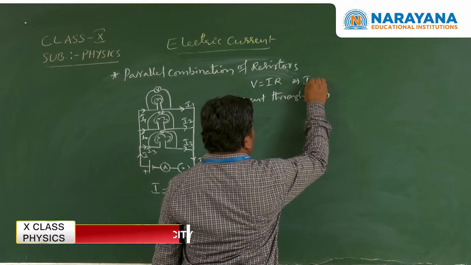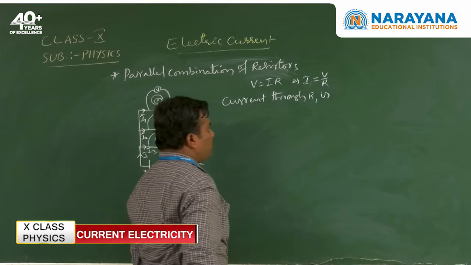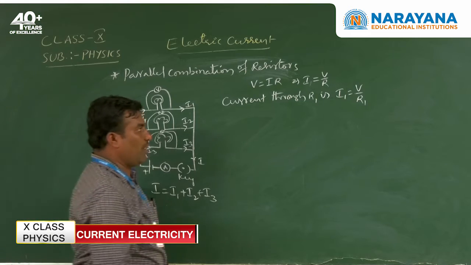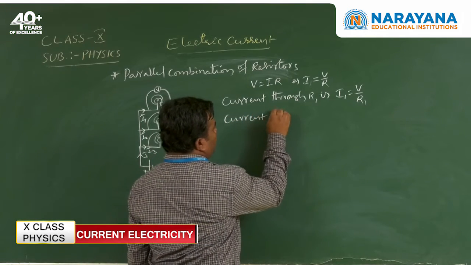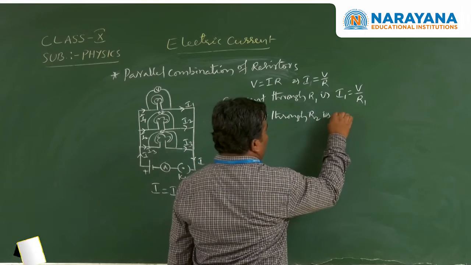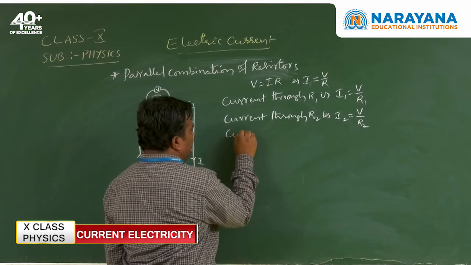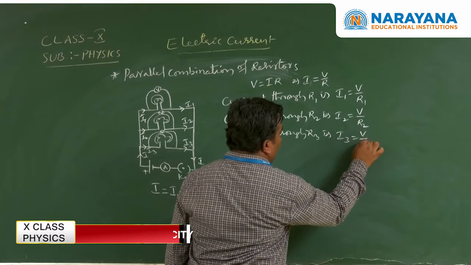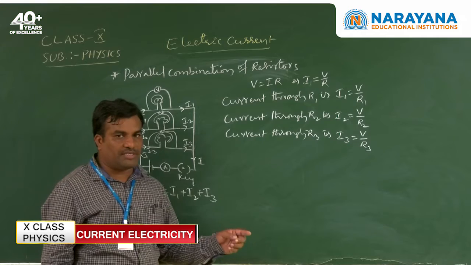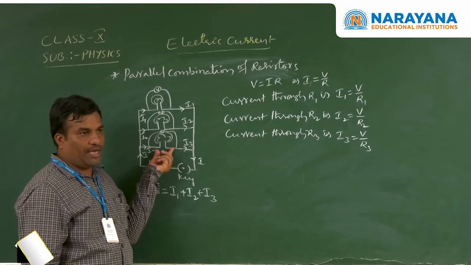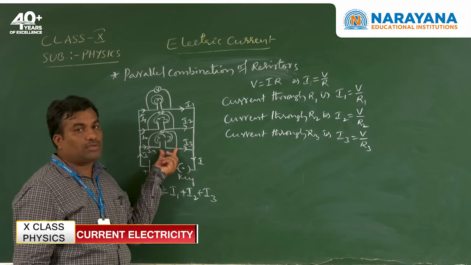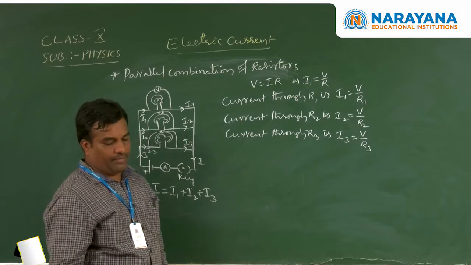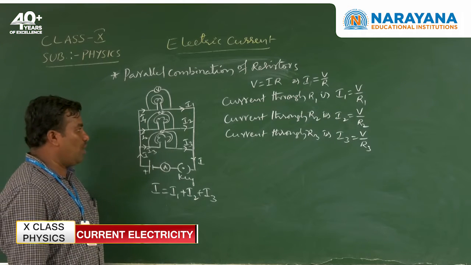Here I is equal to V by R. So the current through R1 is I1 equal to V by R1, the current through R2 is I2 equal to V by R2, and the current through R3 is I3 equal to V by R3. R1, R2, R3 are the first, second and third bulbs. So we get the current through the three bulbs.